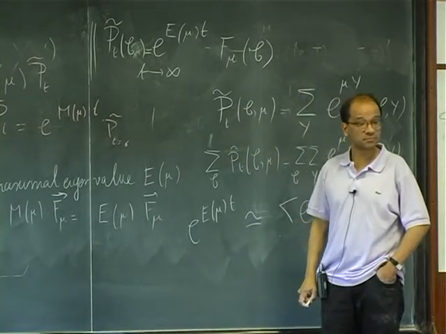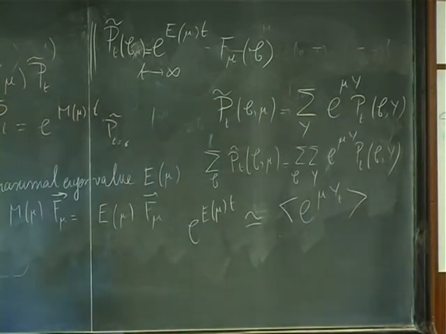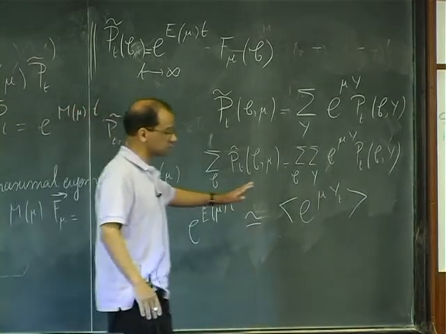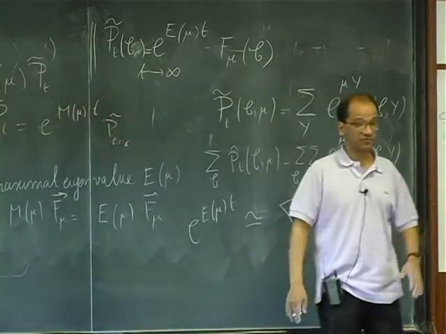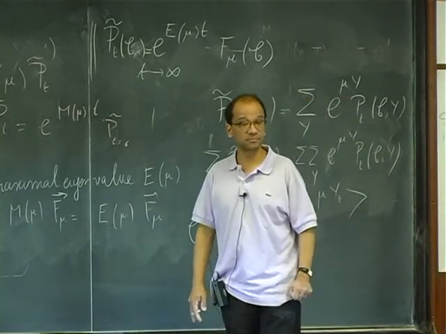And as I told you half an hour ago, E mu is the cumulant generating function up to factor t. So if I know the function E of mu, I know the cumulants of my variable, and if I Legendre transform E of mu, I have the large deviation function.